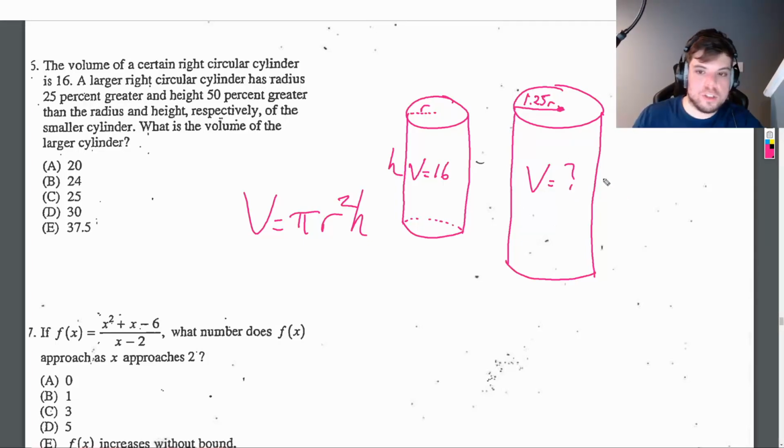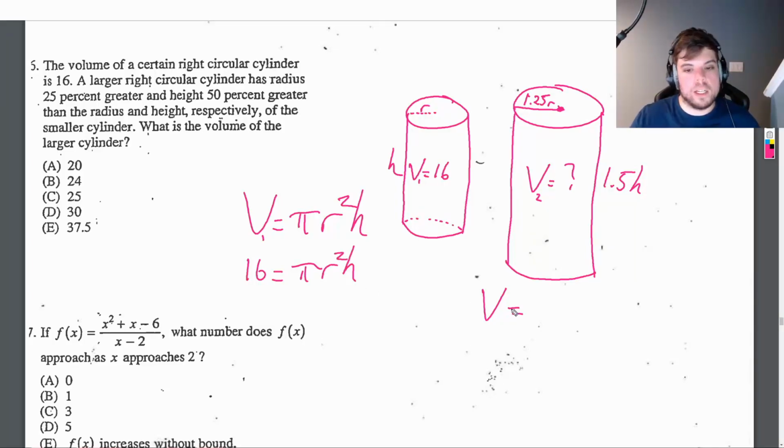And this h is not h anymore, it's 1.5 h. So we'll call this V1 and V2. V1 was 16, so just for the sake of clarity, 16 was pi r squared h.